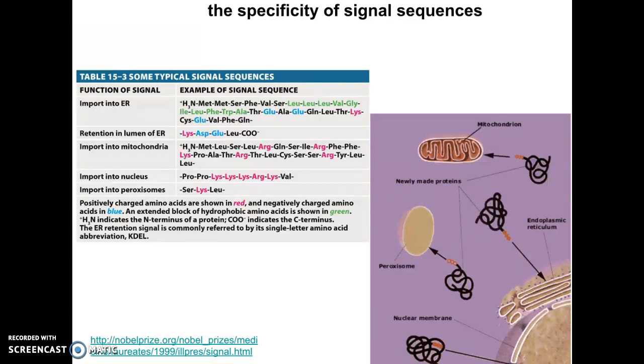And so any protein that is going to be resident in any of the compartments or in any of the membranes is going to have some sort of signal sequence.